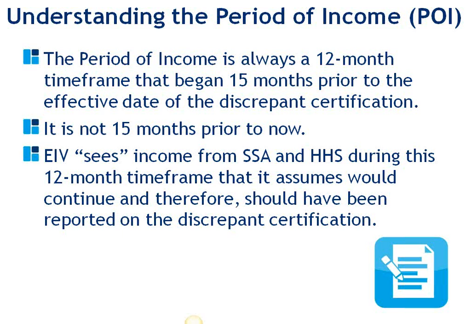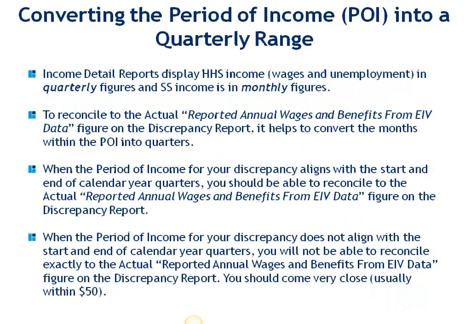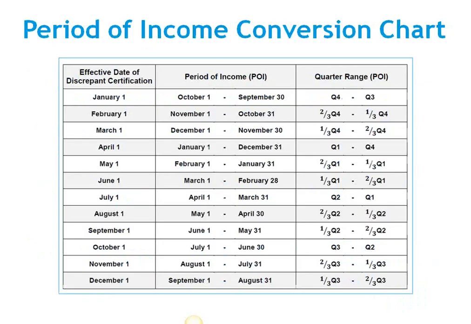This is what you should have put on this cert. All because of these false assumptions EIV has, and it's lacking the concept of reality. Okay, so for those of you that are visual learners, you need to see this visually, okay?